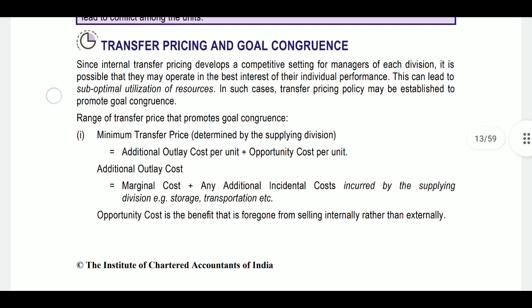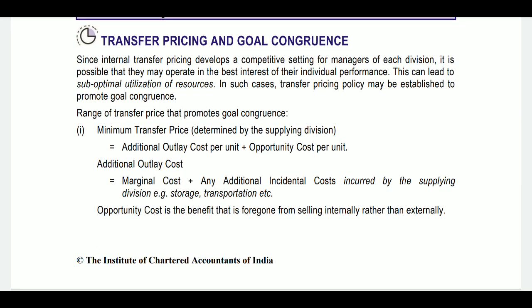Next, transfer pricing and goal congruence. Here, for goal congruence, we will get range formulas. What is the minimum price we will charge, and what is the maximum price we will charge? The minimum transfer price is determined by the supplying division, and the maximum transfer price is determined by the purchasing division.